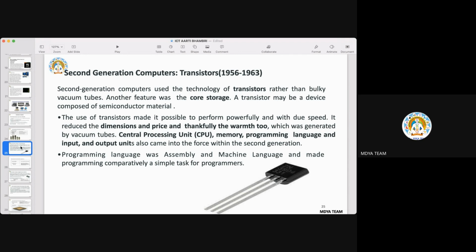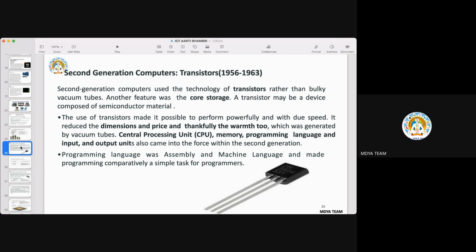These transistors are small in size, their speed is high, and if they are used in memory circuitry, their storage capacity is high.